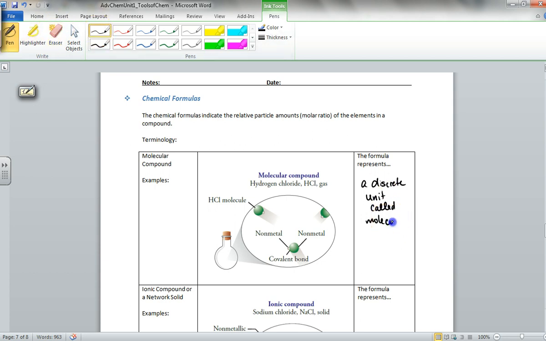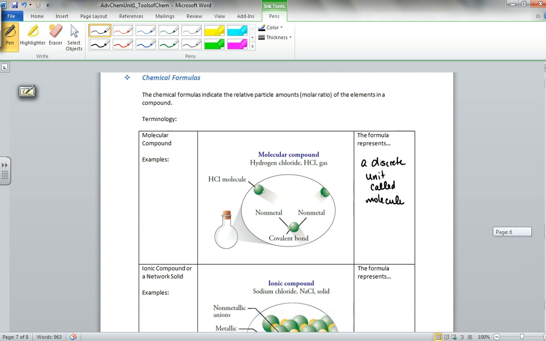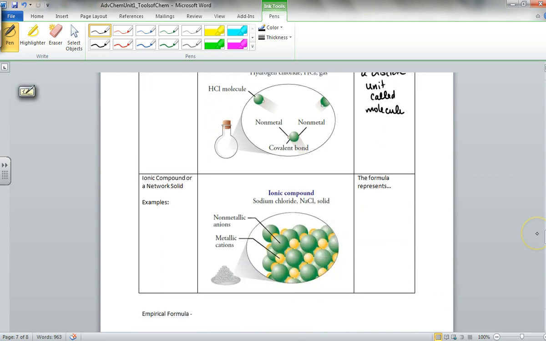Well, not all substances, though, are molecular. A good example is an ionic compound, such as sodium chloride. So the NaCl, while it represents the number of particles in there as a ratio, it's not showing you a discrete unit.